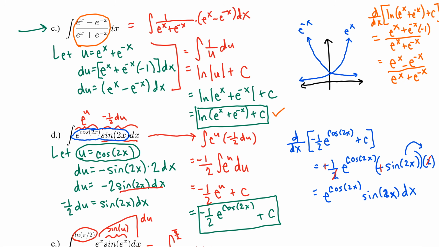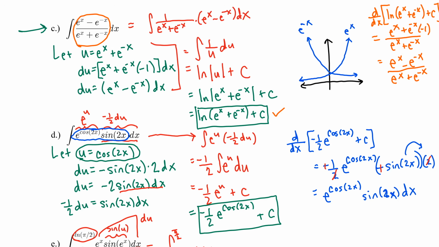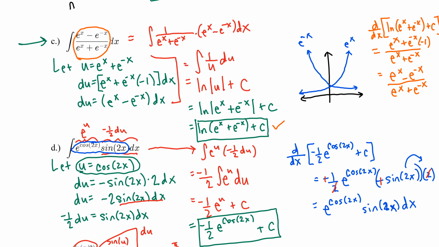Notice the pattern there, e to the x minus e to the negative x over e to the x plus e to the negative x. What we're dealing with there is none other than the integral of hyperbolic tangent of x. It's just written in terms of its natural exponential functions.